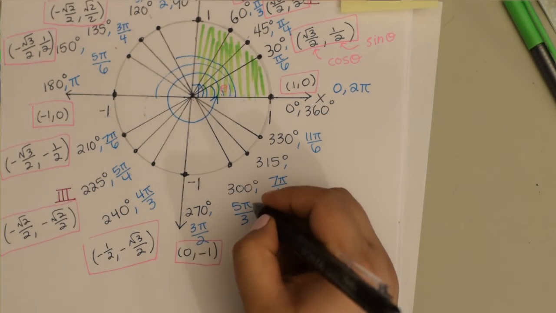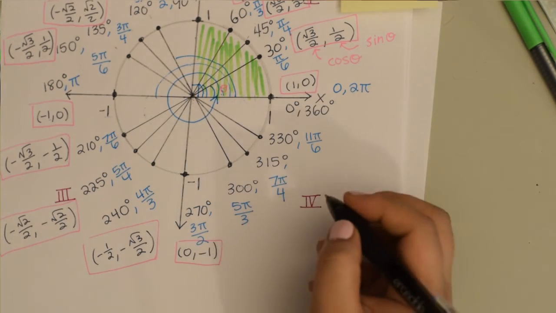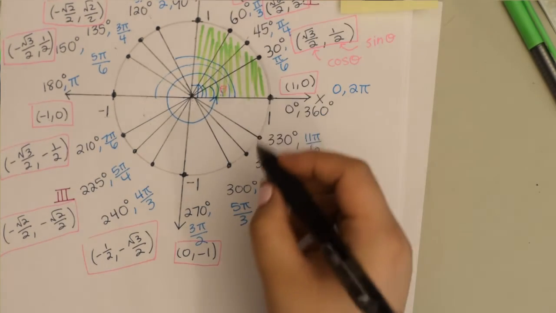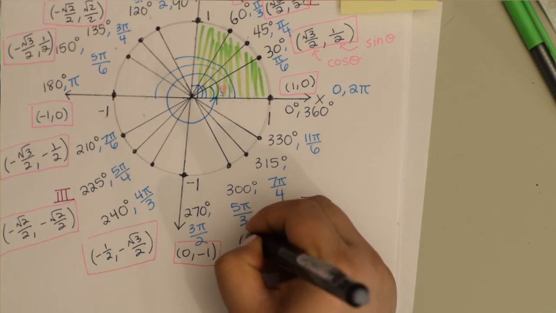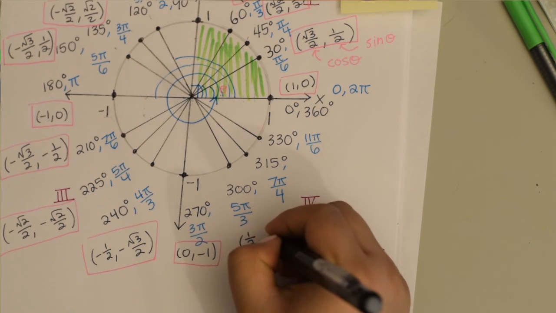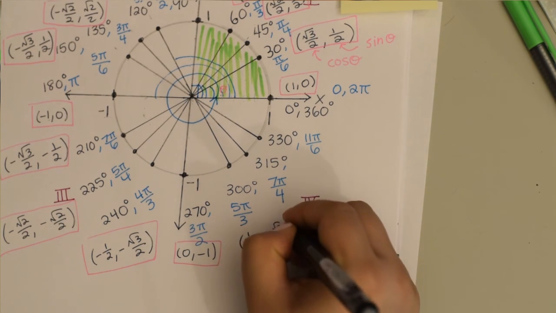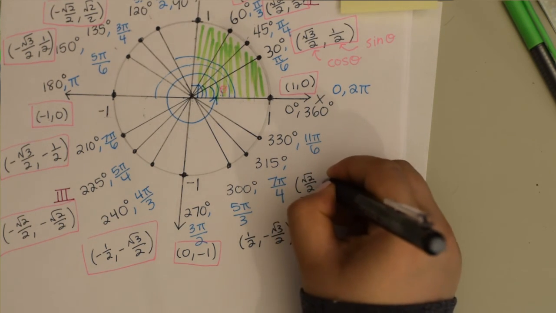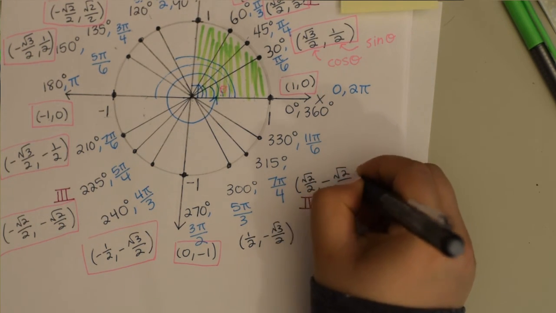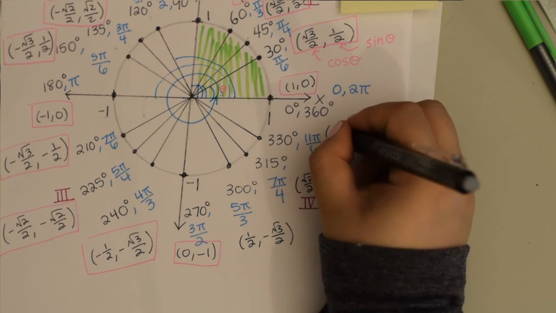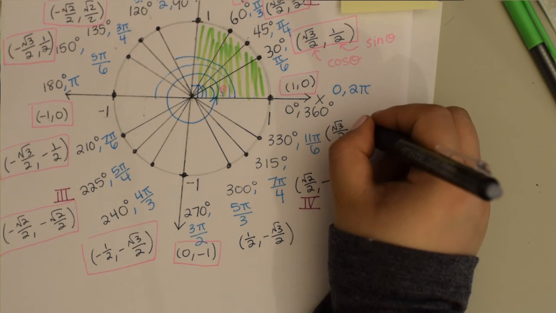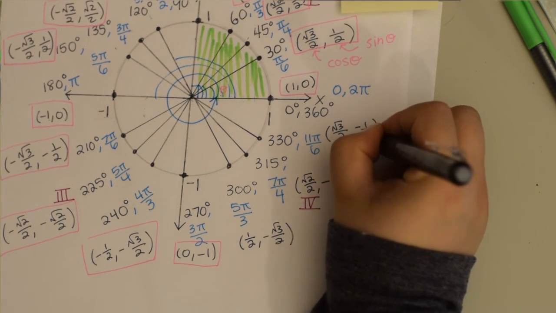So for 300 degrees, that's going to be this one. So that's going to be 1/2, negative root 3 over 2. This is going to be root 2 over 2, negative root 2 over 2. And then this is going to be root 3 over 2 and negative 1/2.